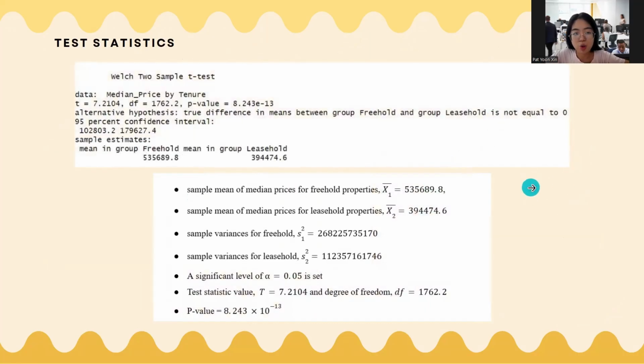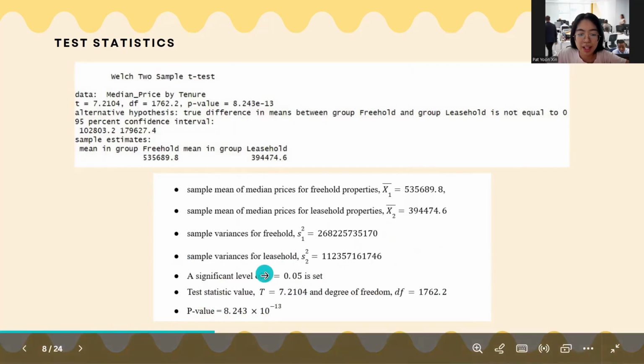Using RStudio, we have got the test statistics like that. From here, we can tell that the median price for the freehold properties is much higher than the leasehold properties. We have also found the test statistic value where T is equal to 7.2, and the degrees of freedom DF is equal to 1,762.2.